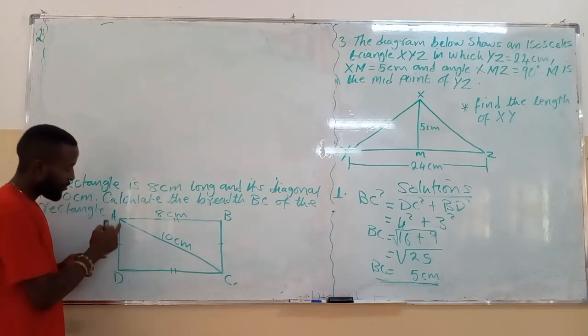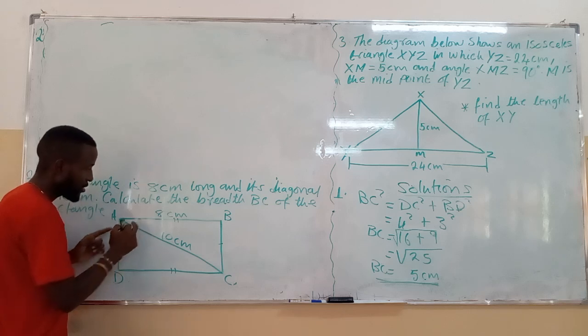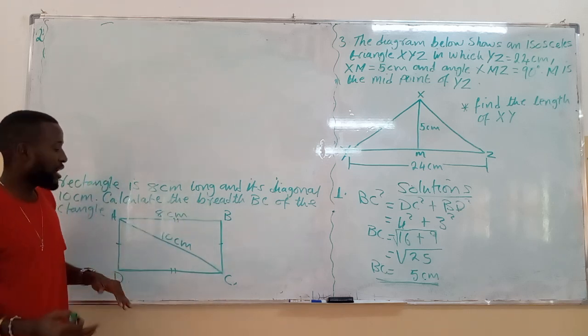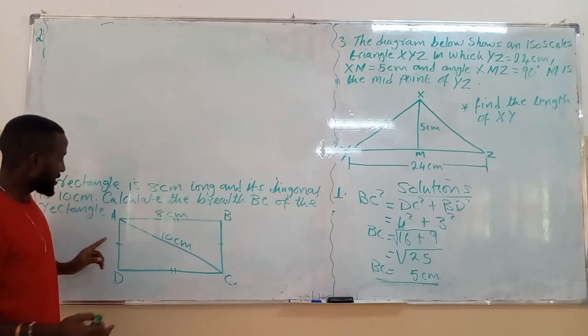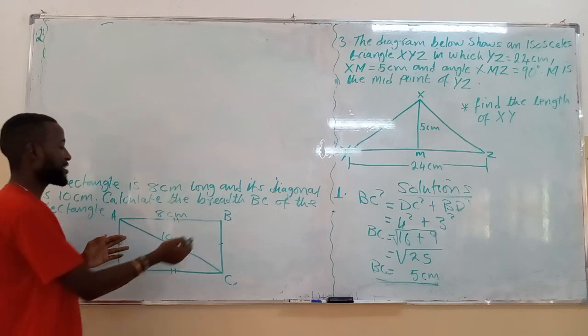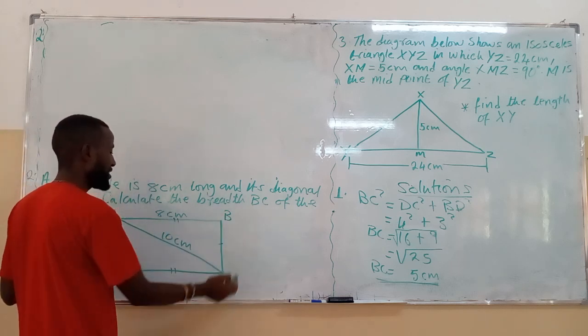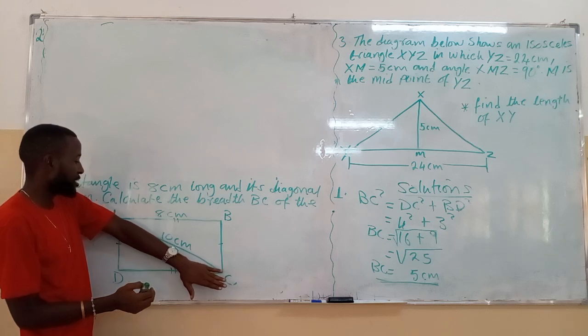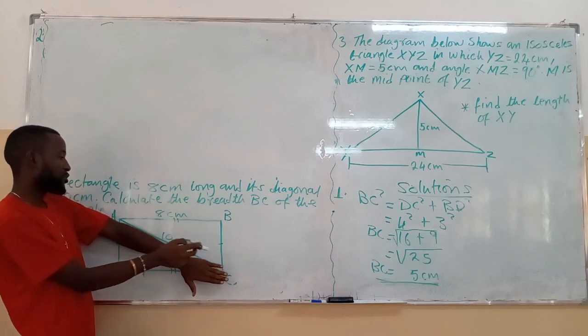We have 2 triangles. But for the ADC triangle, they are not asking us any question. They are asking us to find BC, which is of the ABC triangle. So we are going to forget about this triangle and concentrate on which triangle?